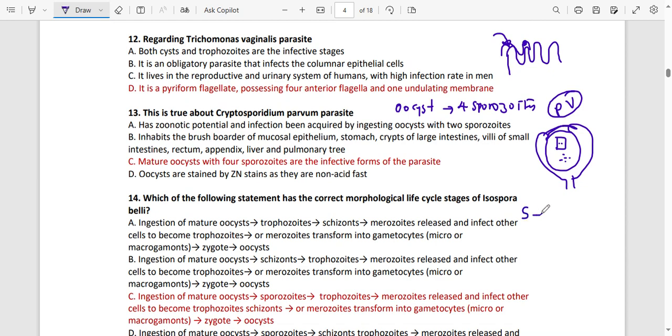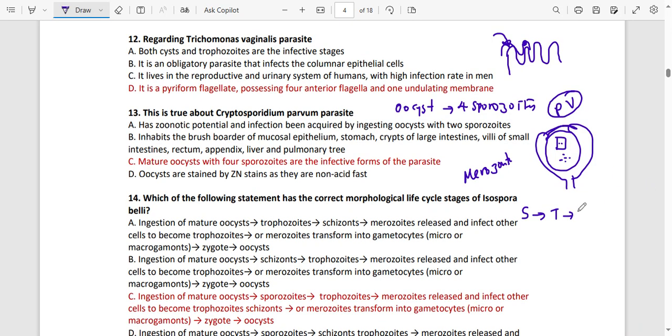The sporozoites are going to change into a trophozoite. The trophozoites are now going to convert into what is called a meront. Meront is also known as a schizont. Please, it's not a merozoite. It's a meront. Hope you will not confuse those. Okay. So we are saying it's this word meront. And meront is also known as a schizont.